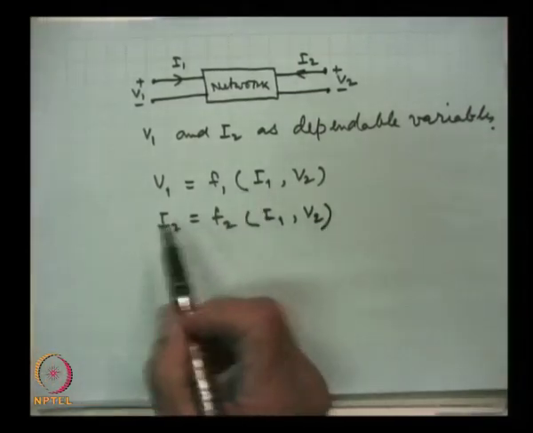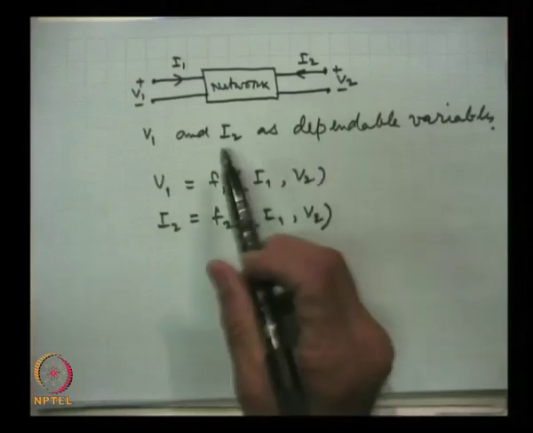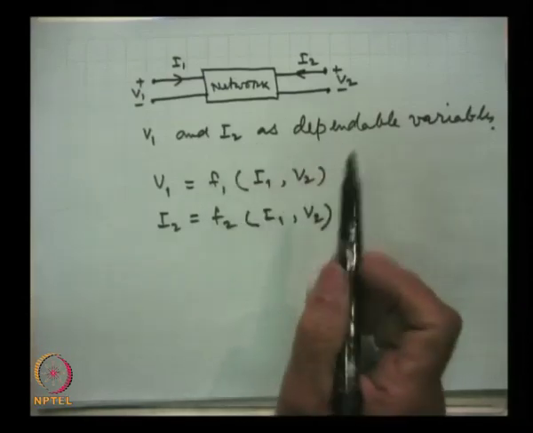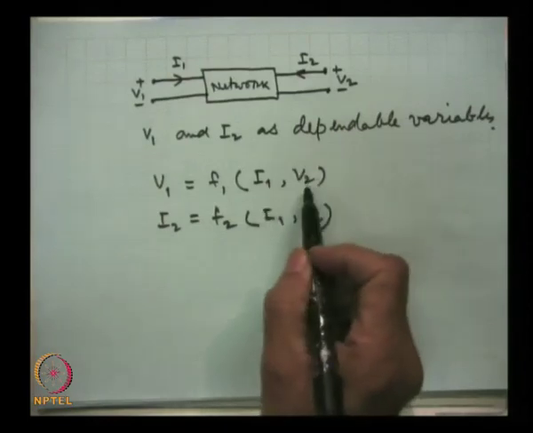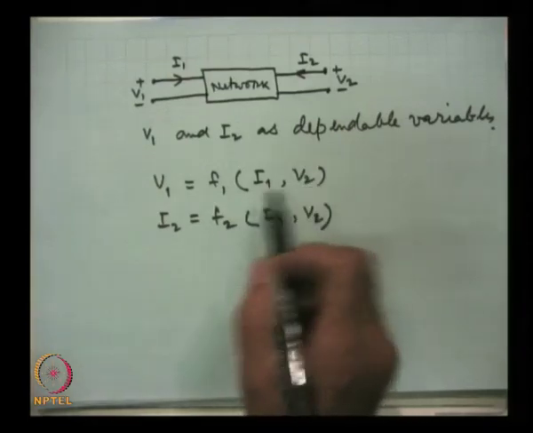What do these equations represent? They represent that I 1 and V 2 are independent variables.